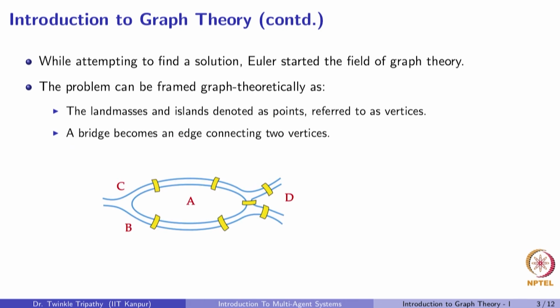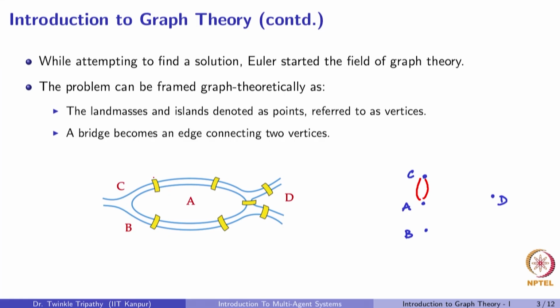So let's look at this figure and let's try to arrive at the graph of it. So let's say this is point C, this is A and B, and we have D. A and D being again the islands and B and C being the land masses. Now every edge is simply a bridge in the city connecting the vertices.